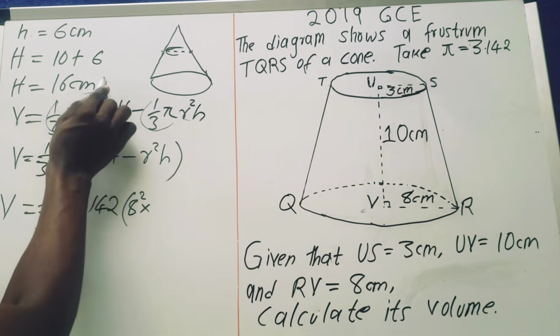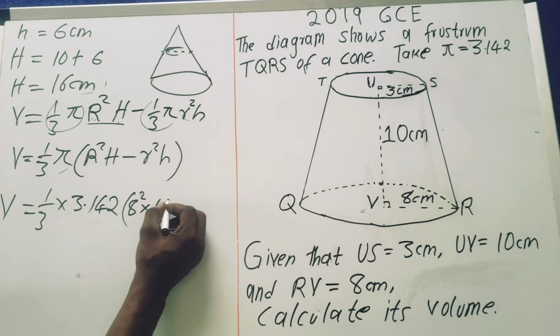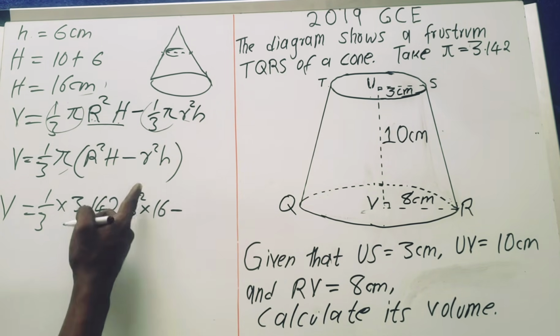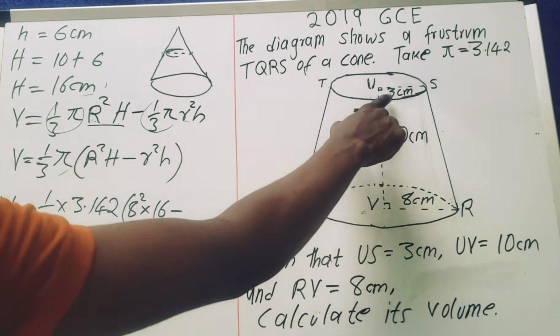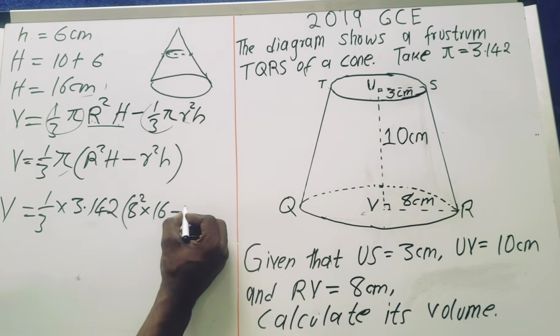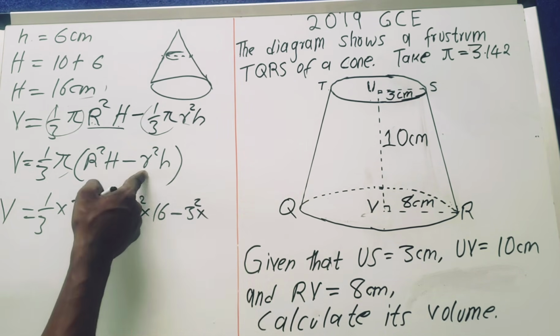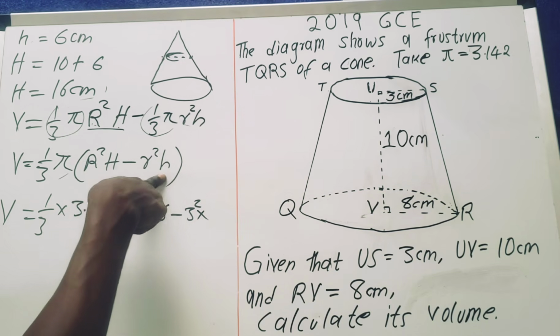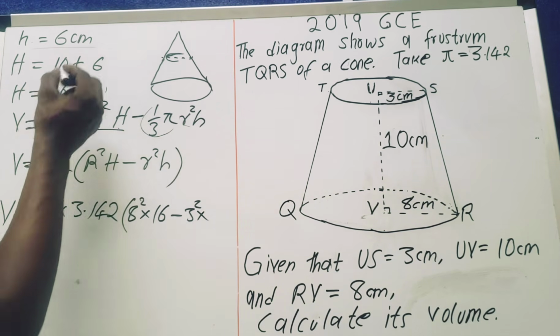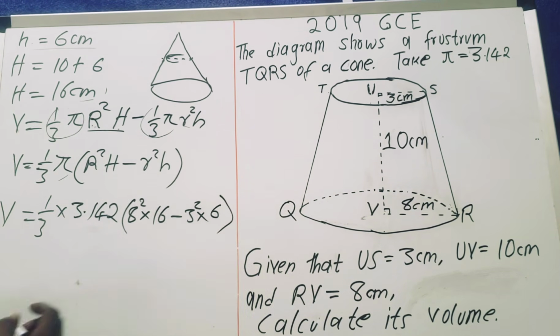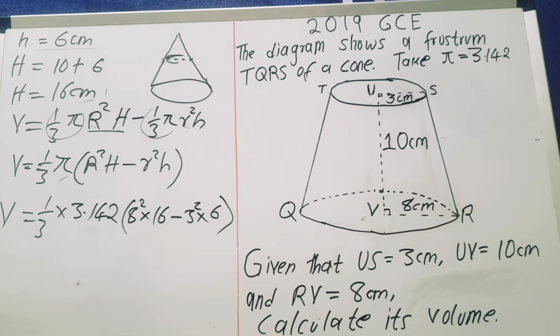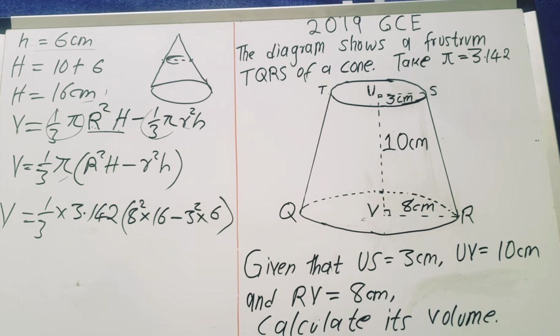Open brackets. Our radius for the bigger cone is 8, squared, multiplied by our height for the bigger cone, which we found is 16, minus the radius for the smaller cone, which is 3 centimeters, so 3 squared, multiplied by the height of the smaller cone, the one we found, which is 6 centimeters. So this is how you go about the question.